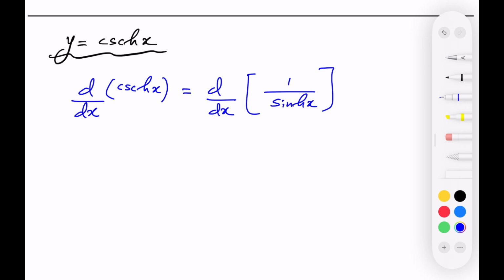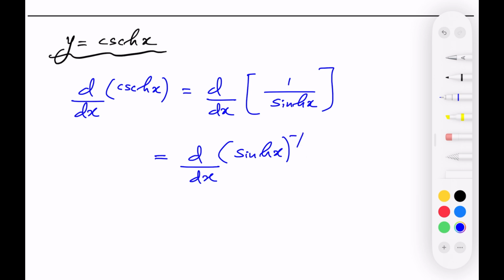How do you differentiate that function? We may use the power rule or we may use the quotient rule. In fact, the quotient rule is a little bit unnecessary because this numerator is a constant. Therefore, I'm going to simply use the power rule. I can rewrite this function as d by dx of sinh x raised to the negative first power.